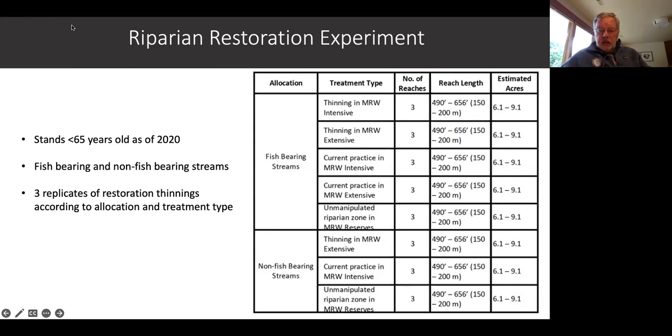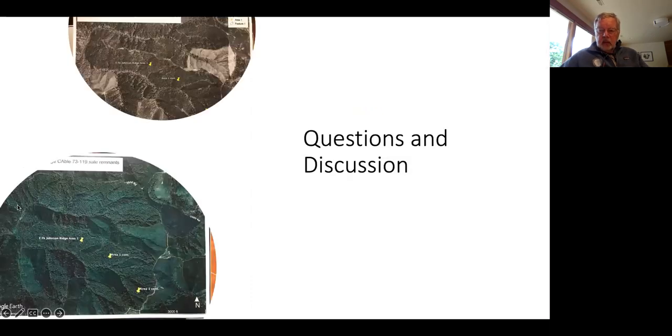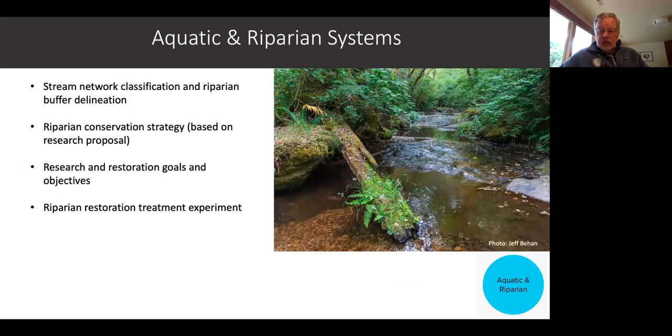Shannon, can you go back to that previous slide? I want to point something out. The picture that Jeff Behan takes. One of the things that's emerging with regard to the Elliott is, as we look at more and more of that system, and we start talking about not just the riparian restoration, but the in-channel restoration, many streams in the Elliott appear to be sediment starved.